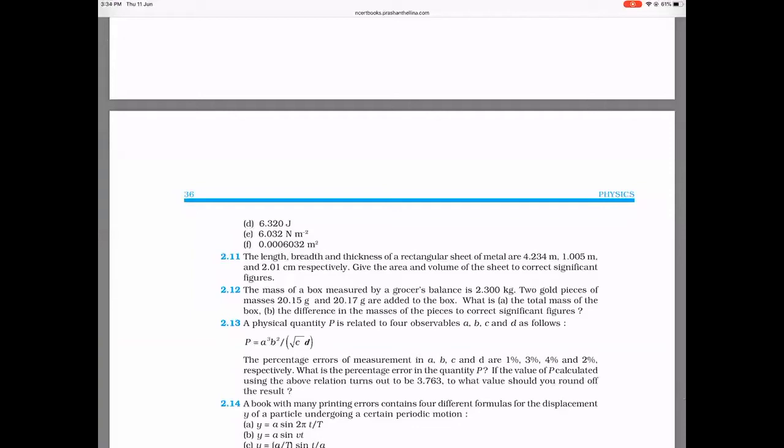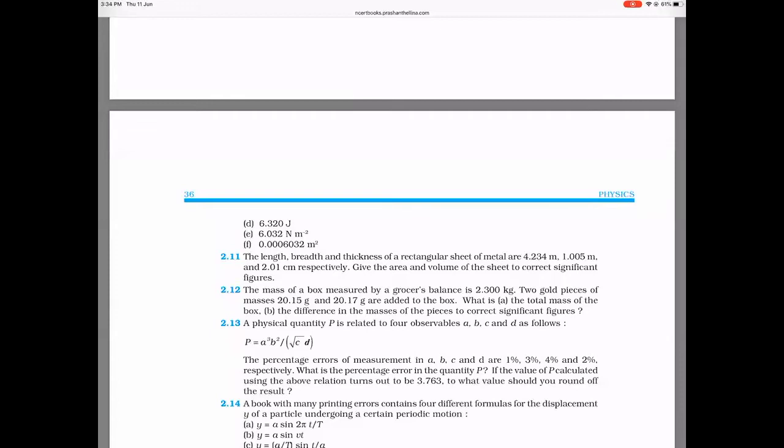The length, breadth and thickness of a rectangular sheet are given. Give the area and volume of the sheet to the correct significant figures. When you find the area, you multiply them, and totally you will get 3 plus 3, 6 decimal places. But in your question, you have only 3 decimal places, so you have to report only to 3 decimal places.